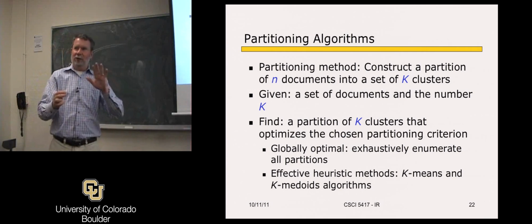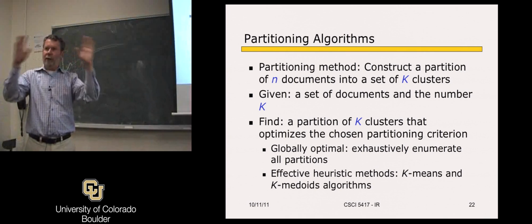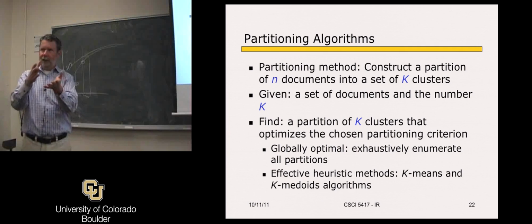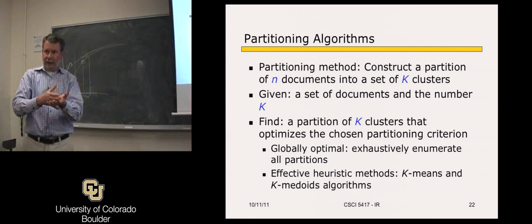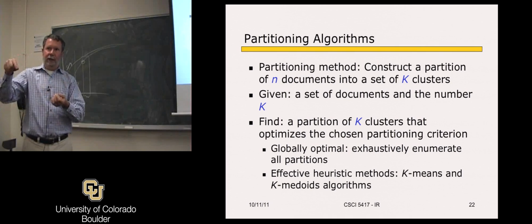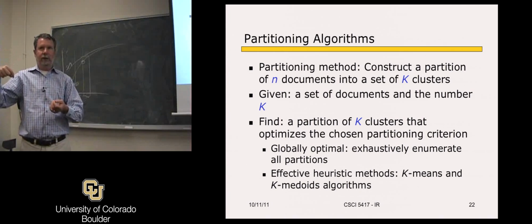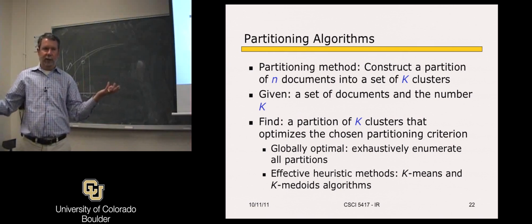So this is just a long-winded way of saying that you can come up with some kind of criteria that tells you how good a partition is, but you're not going to have an algorithm, not in this lifetime, that is going to search through all possible partitionings and then assign a goodness criteria to each of the partitionings and then return back to you the partitioning that's the best possible partitioning, because there's too many partitions.